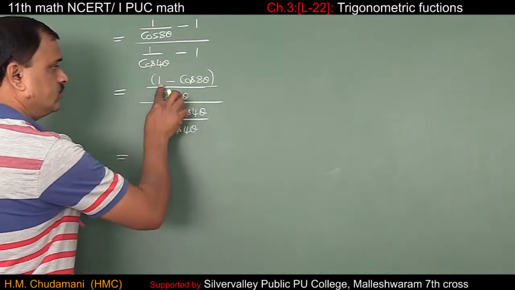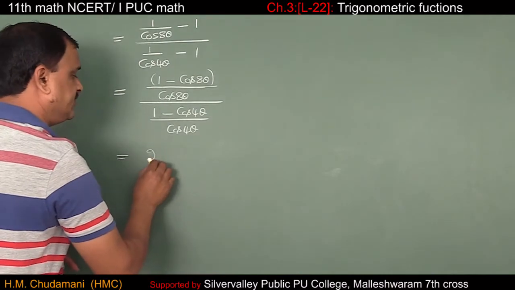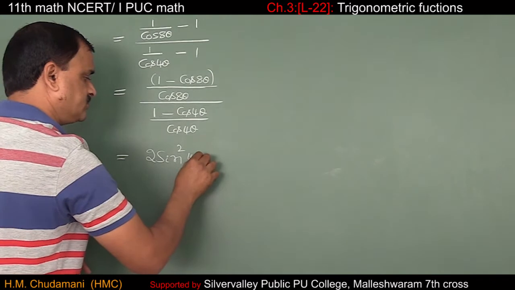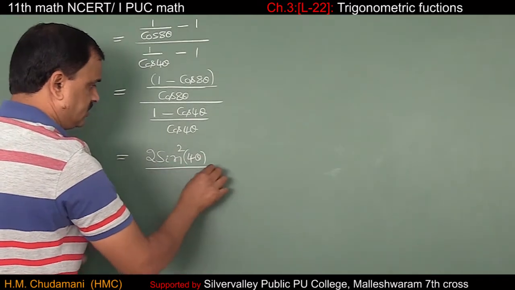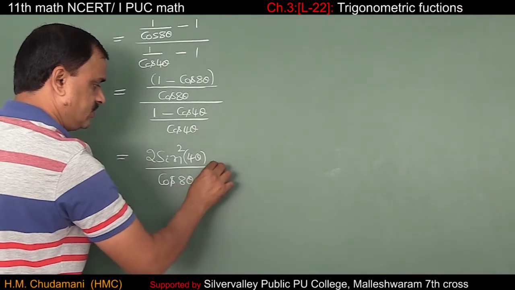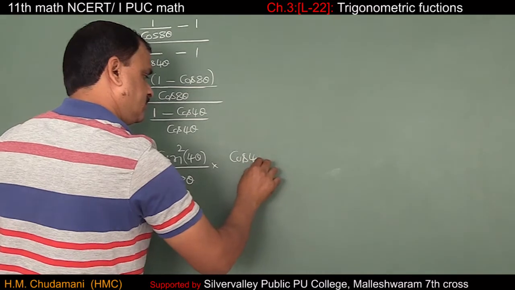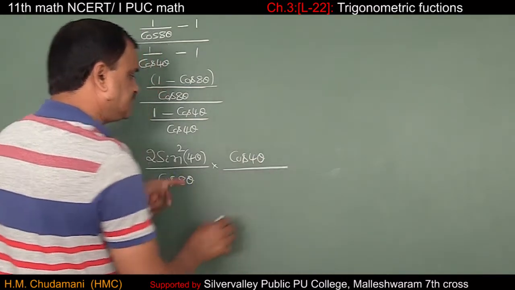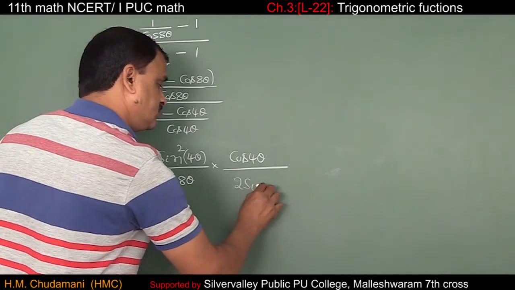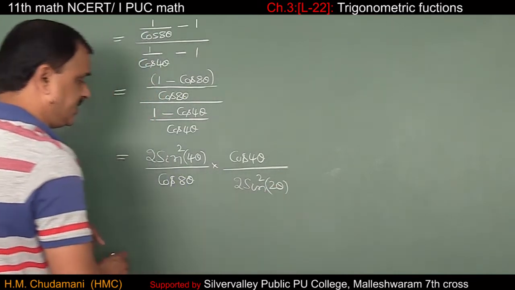This is equal to 1 minus cos 8 theta, half of that angle, that is 2 sine square 4 theta divided by cos 8 theta, into, this goes to numerator, cos 4 theta, 1 minus cos 4 theta can be written as 2 sine square half of the angle, 2 theta.